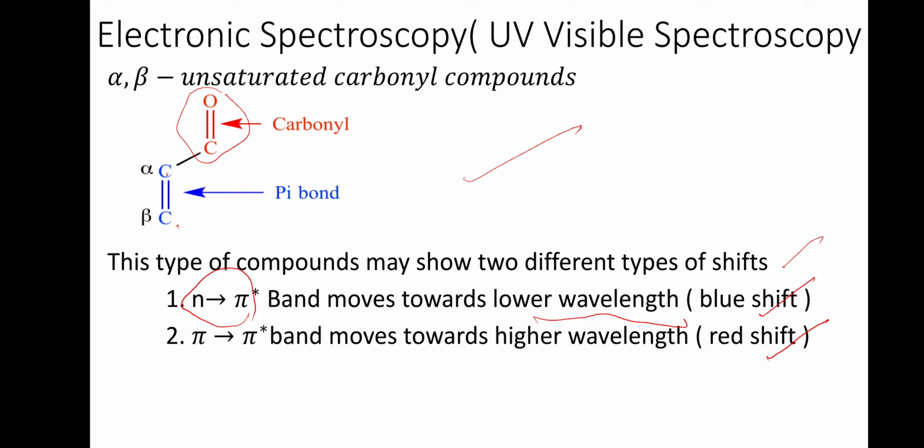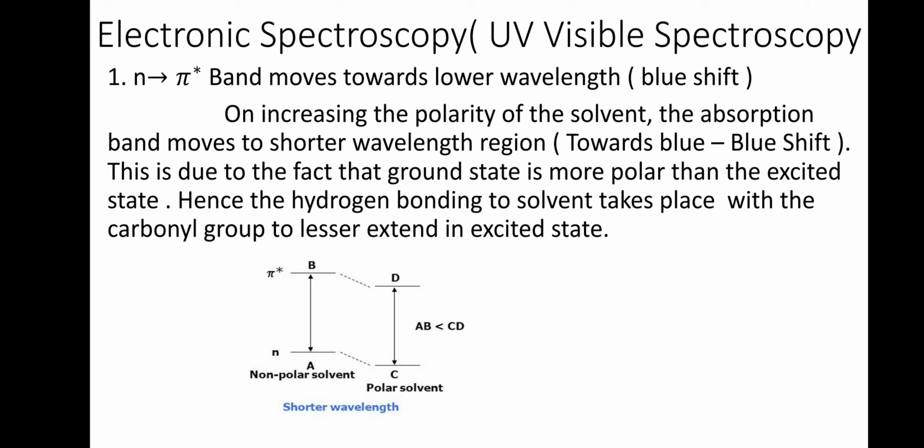That is the transition from a non-bonding electron to a pi star anti-bonding orbital. That band will shift towards lower wavelength, and lower wavelength means more energy. Then the pi to pi star band moves towards higher wavelength, that is red shift. The n to pi star band moves towards lower wavelength.